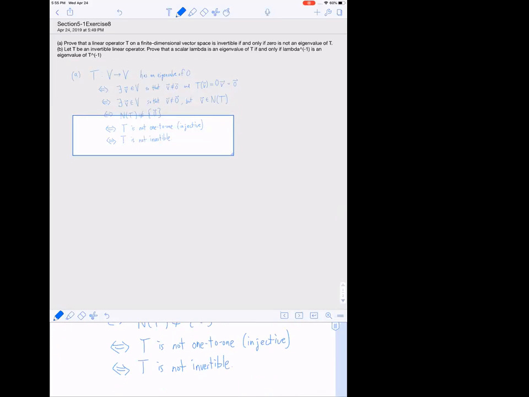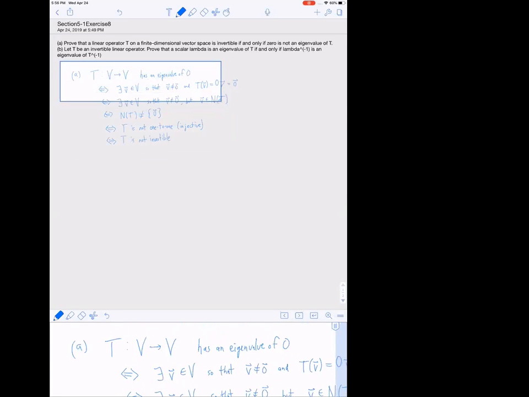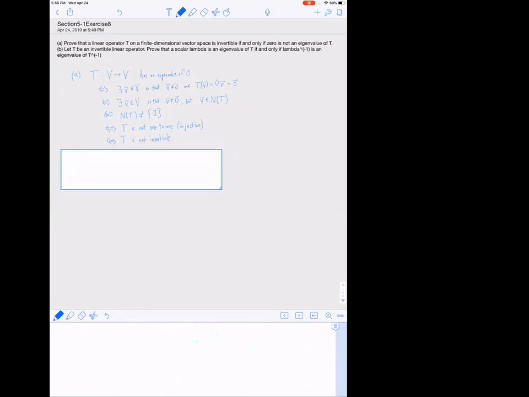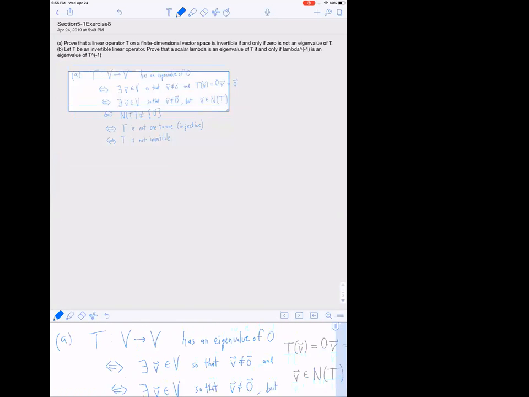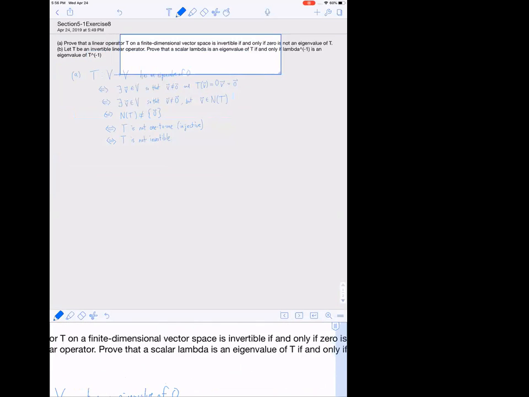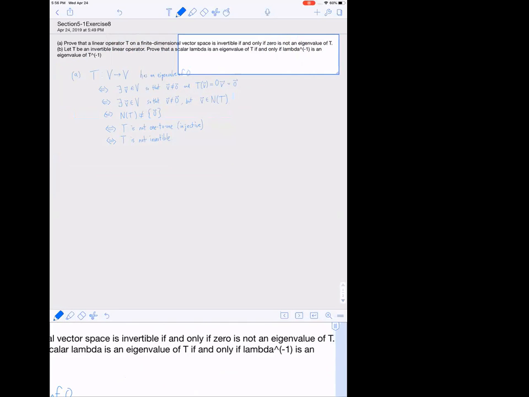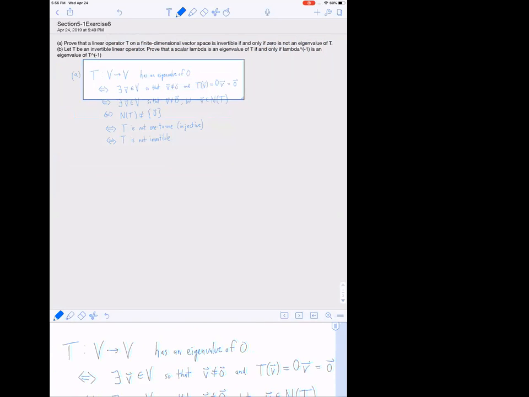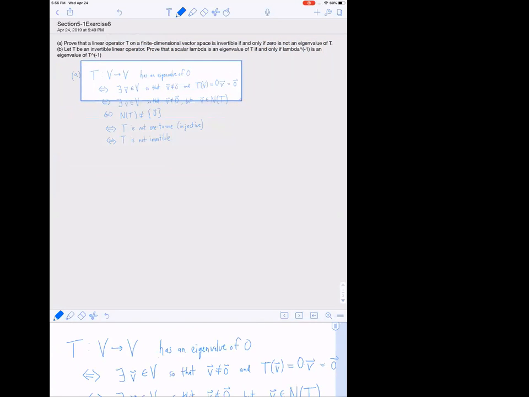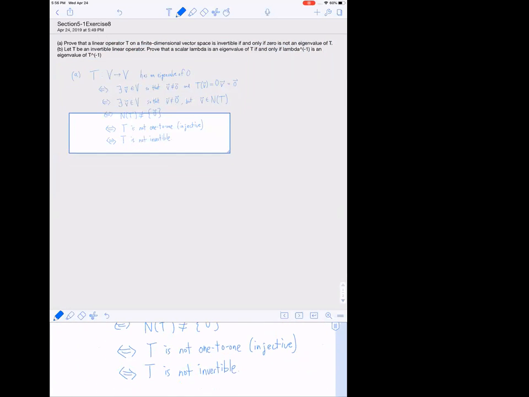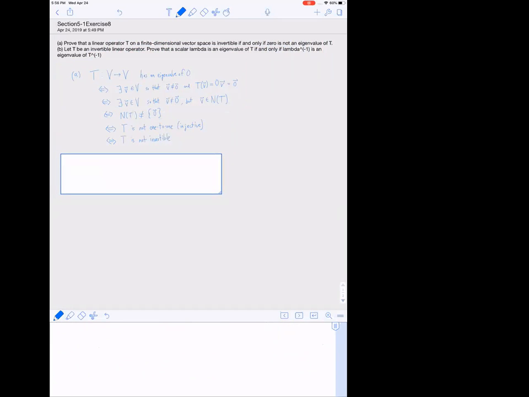Not being 1-to-1 means that you are not invertible, and not being invertible means that you are not 1-to-1 and that you are not onto, because of the vector spaces involved. So this proof is bidirectional the entire way. So what we've actually proven is that T is invertible if and only if 0 is not an eigenvalue of T, because we've shown that T having an eigenvalue of 0 is true if and only if T is not invertible.